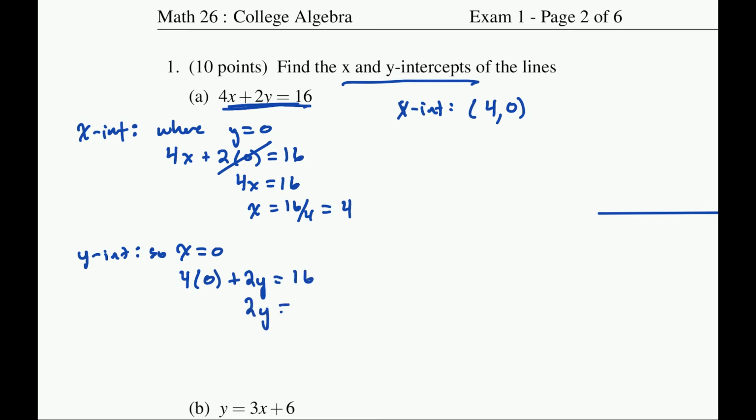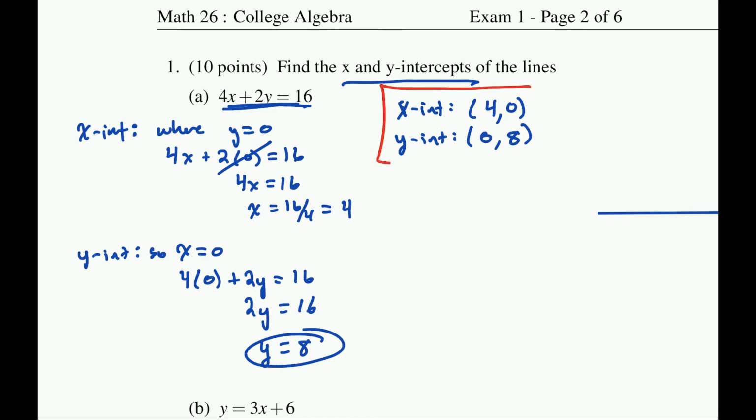So 2y equals 16, and y equals 8 when you divide by 2. That tells you the y-intercept has y value 8. And of course, the x value is 0 by definition. So your solutions here are the x-intercept and the y-intercept.